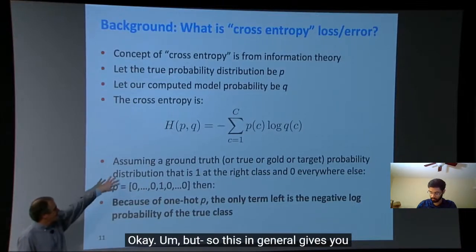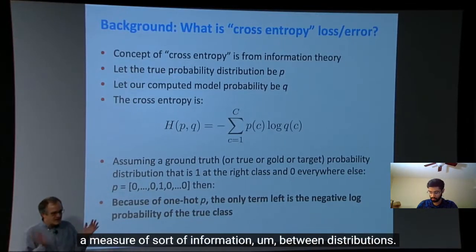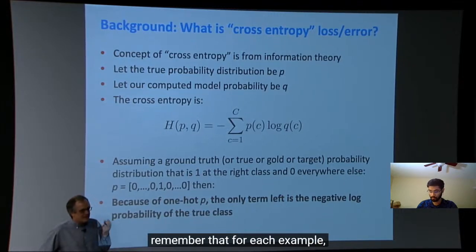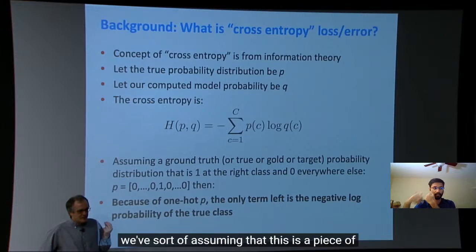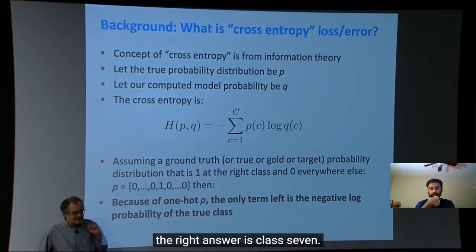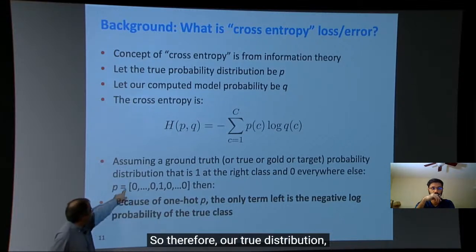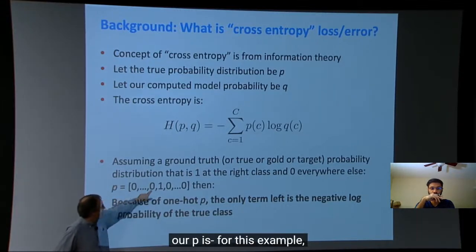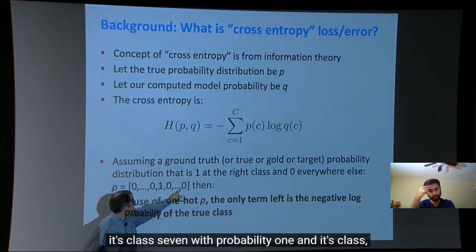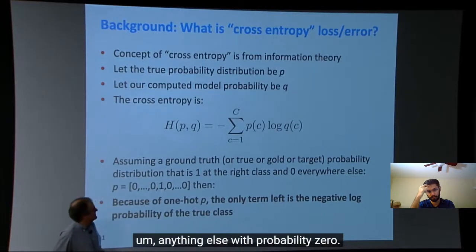So this in general gives you a measure of information between distributions, but in our particular case, remember that for each example we're assuming that this is a piece of labeled training data. So we're saying for that example, the right answer is class 7. Therefore, our true distribution P is, for this example, class 7 with probability 1, and any other class with probability 0.